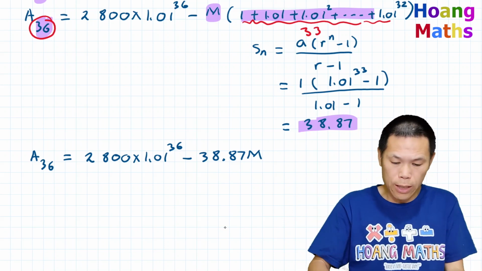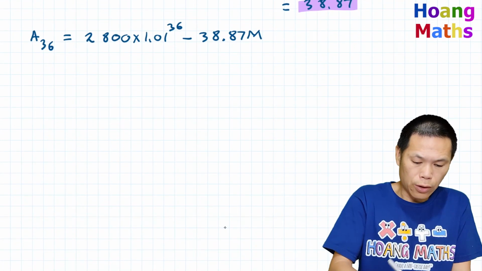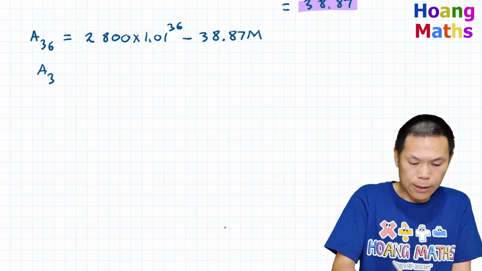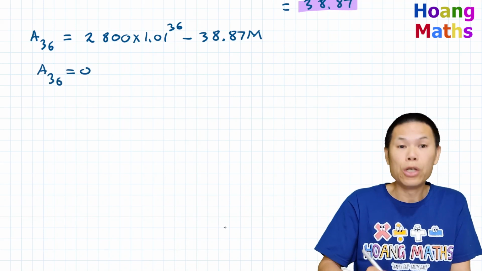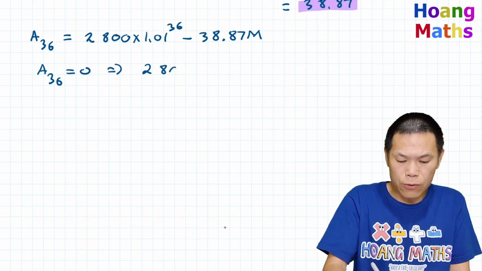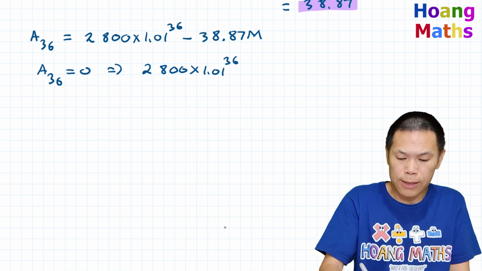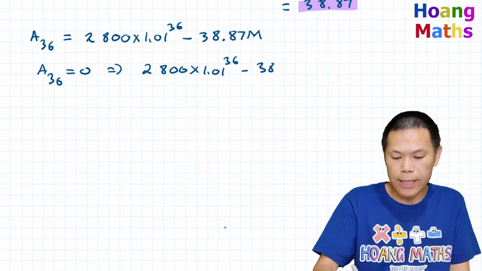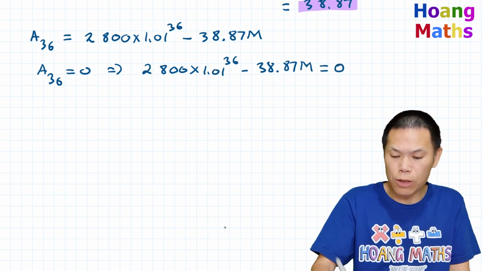So he doesn't owe anything. Therefore A36 is equal to 0. So this means that 2,800 times 1.01 power of 36 minus 38.87 M will give me 0.